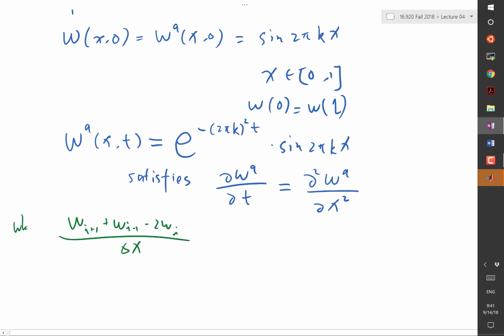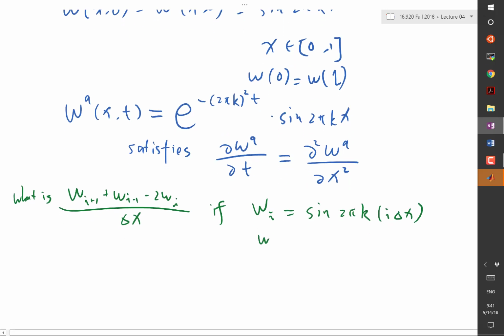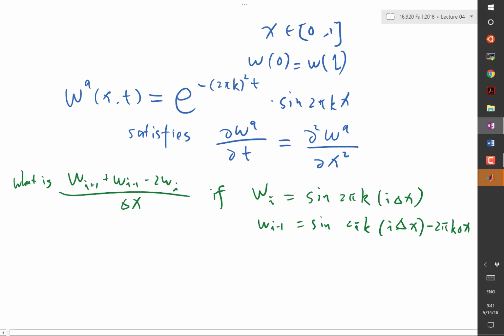What is this if wi is equal to sine of 2 pi k times I delta x? And of course, wi minus 1 is also equal to sine of 2 pi k I minus 1, so let's write I delta x minus 2 pi k delta x. So that's I minus 1.